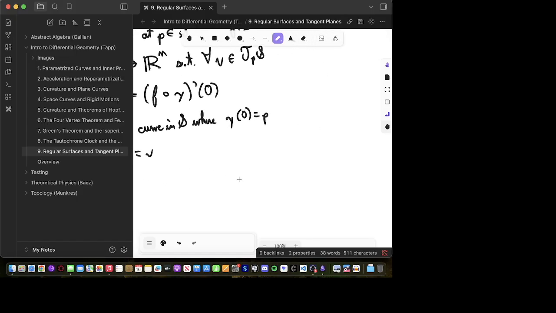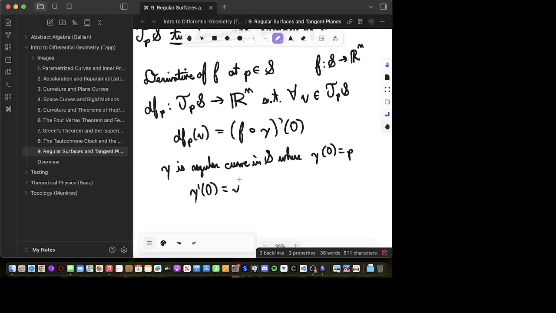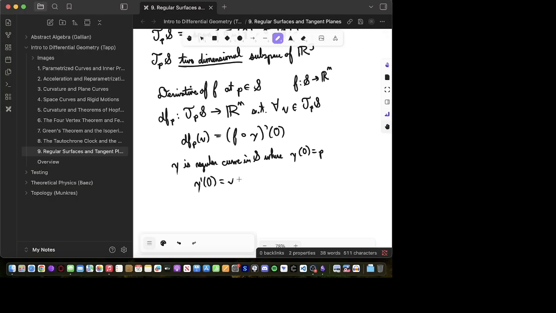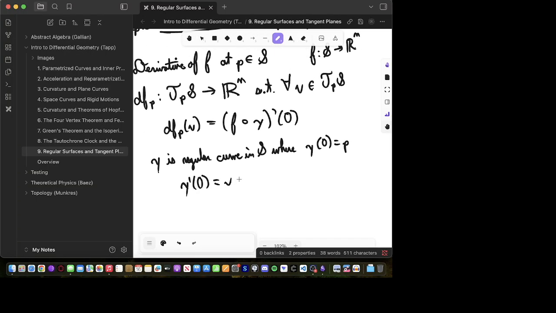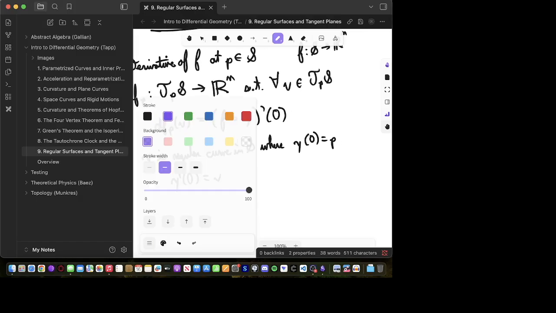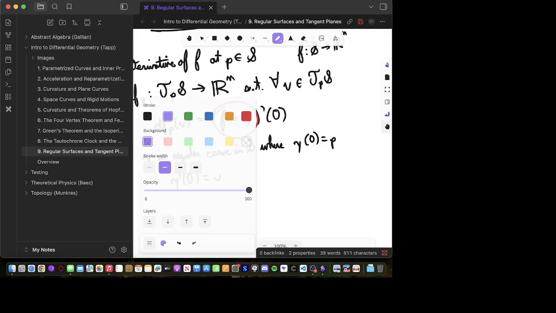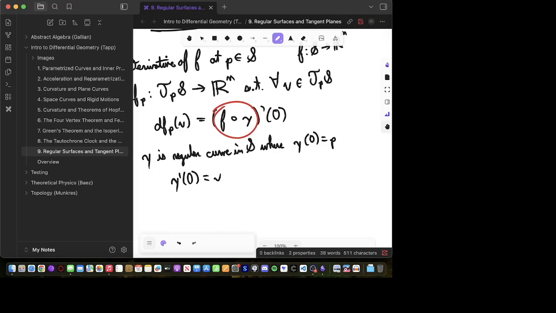So what that means is, let me zoom back in. The question you might be asking is, what is this f composed with gamma? So let's go through this.